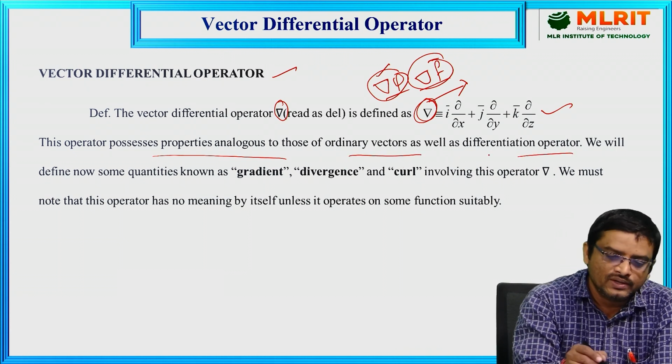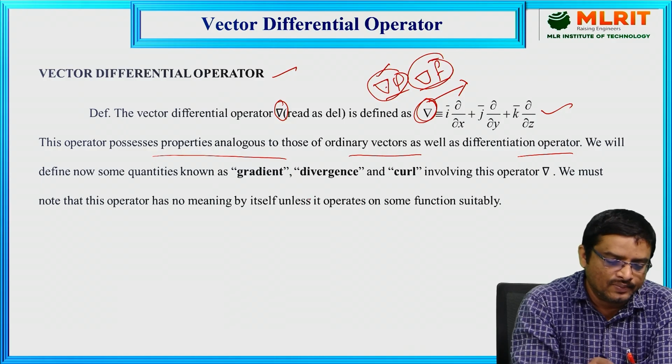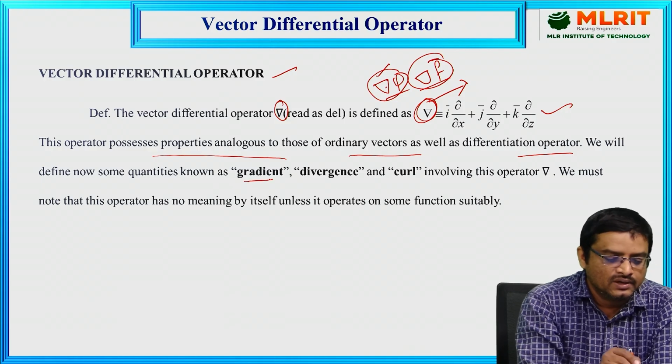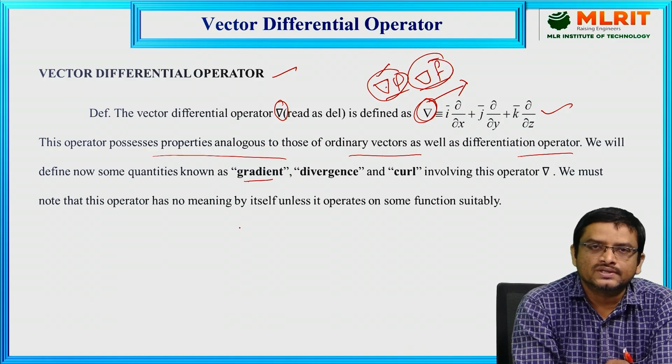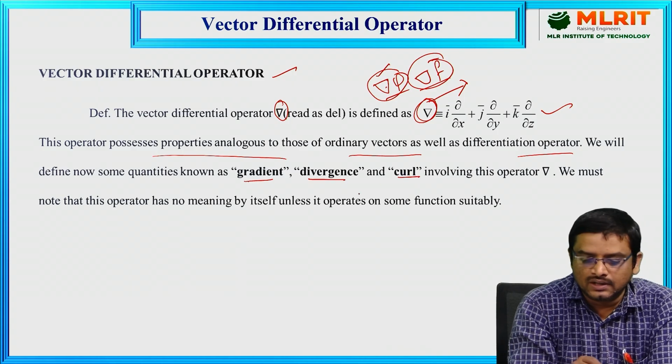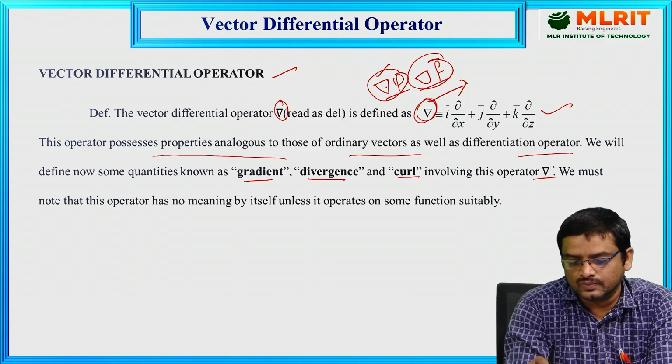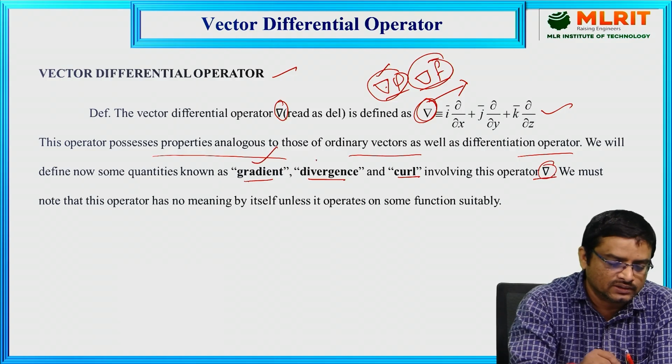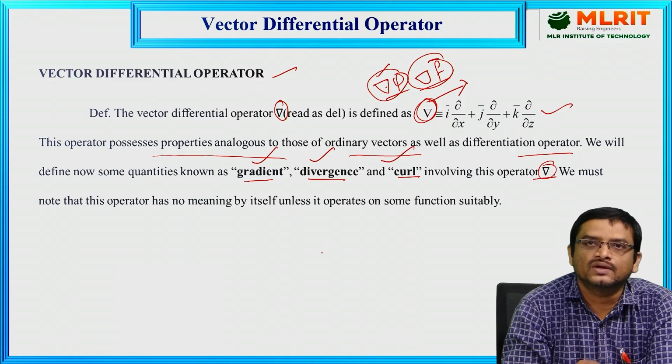Now by using this del operator, we are going to define new concepts, that is gradient, divergence and curl, involving this operator. These are the three new concepts we will get in vector differentiation.